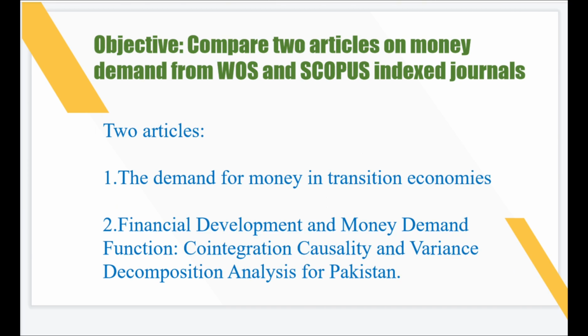Both articles aim to study money demand, although their research subjects and methodology differ. The first article primarily focused on money demand in transition economies, while the second article investigates the relationship between financial development and the money demand function in Pakistan.